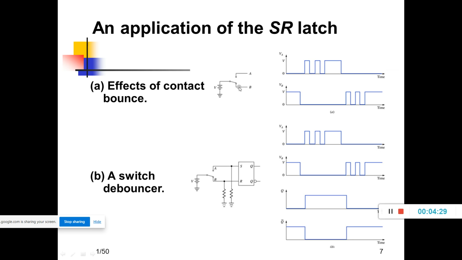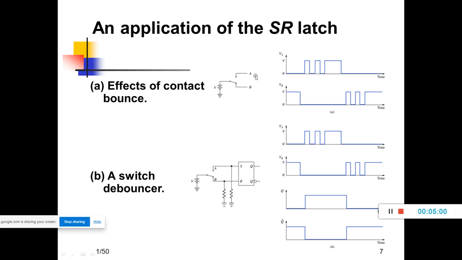However, as a result of contact bounce, the center contact of the switch leaves terminal A, causing the voltage at the terminal to return to 0, and then upon returning to terminal A, causing the voltage at terminal A to become plus V volt again. So what happens here is an opening and closing effect due to the springiness of the contacts.